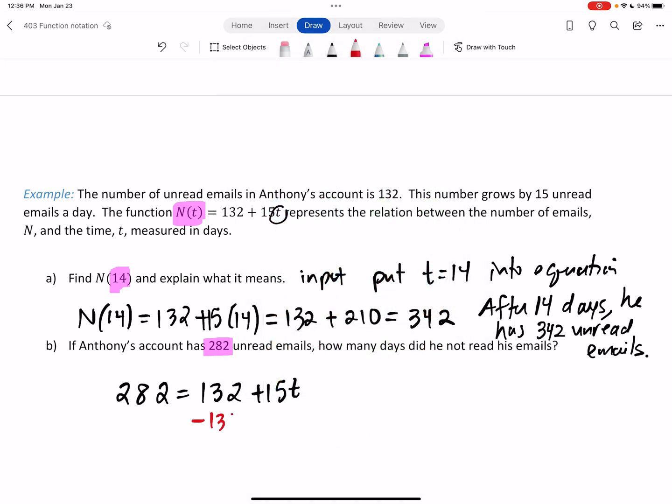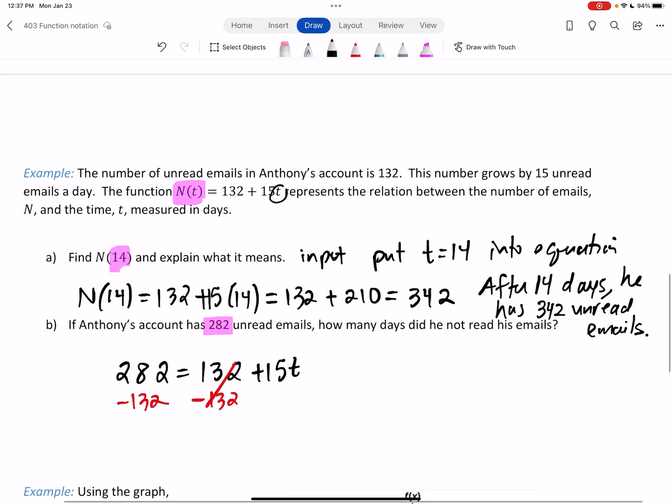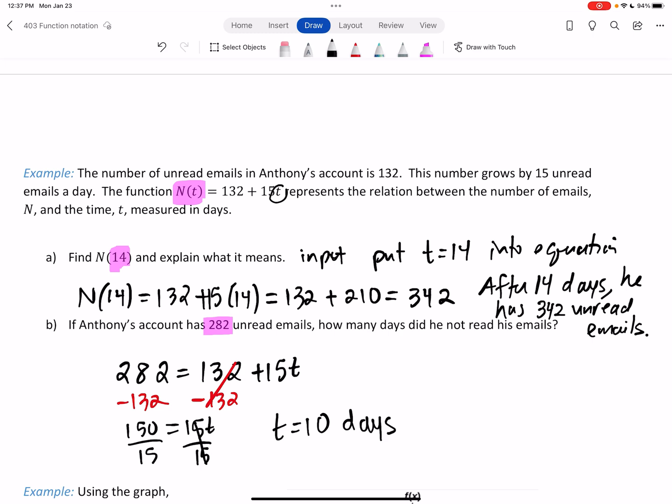So subtract 132 from both sides. 150 is 15t. Divide both sides by 15, and I get t equals 10. So he didn't read his emails for 10 days. If he has 282 unread emails, that means he did not read his emails for 10 days.